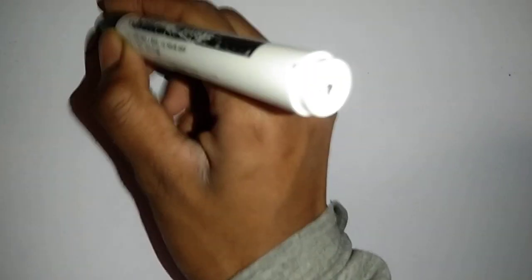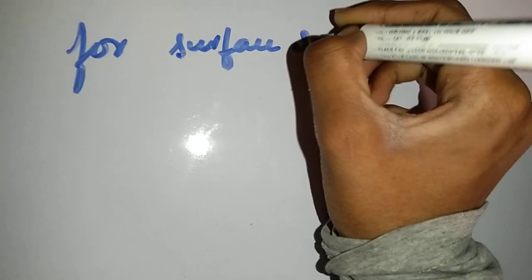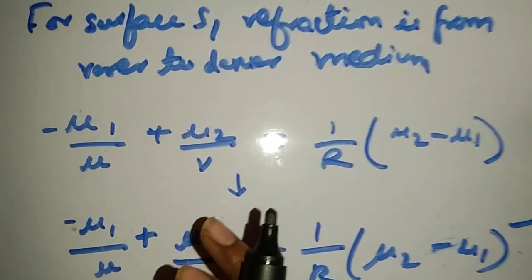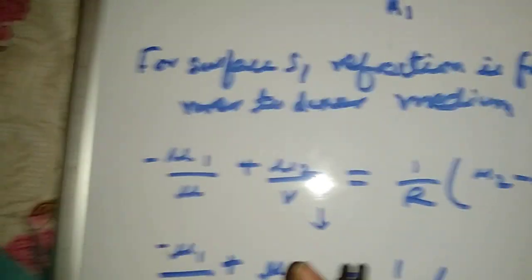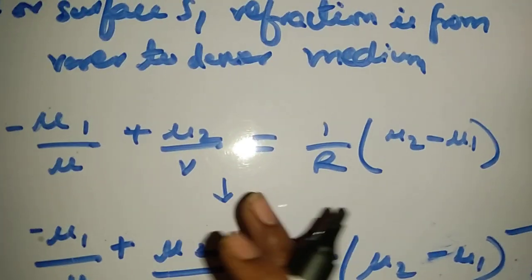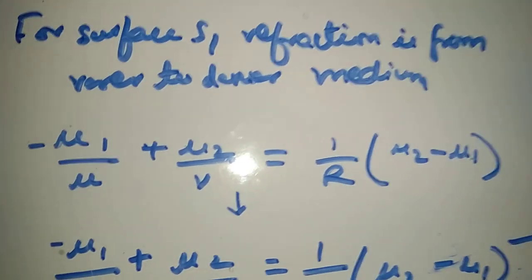Now let us talk about surface S2. For surface S2, how will it be? The formula you have written here, no? Minus mu1 upon u plus mu2 upon v equal to 1 upon r times mu2 minus mu1. Same thing you write there, but instead of mu1, write it as mu2, and instead of mu2, write it as mu1.